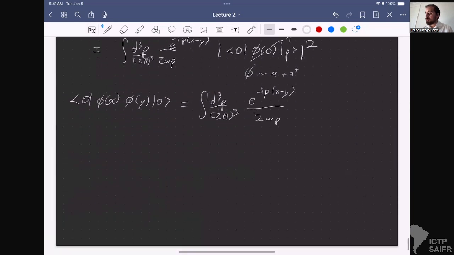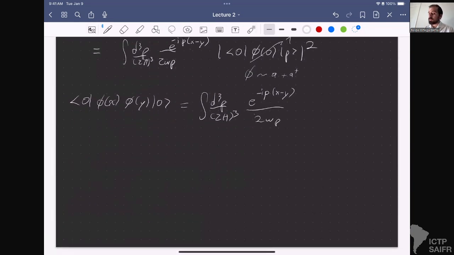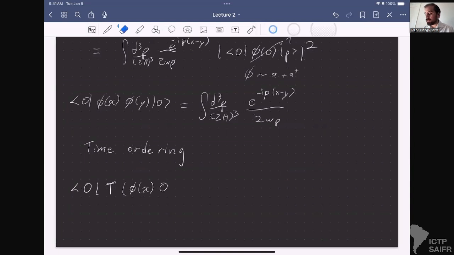Okay. And before we finish for today, I'm going to define another conventional operator of operators, if you wish, which is called time ordering. And with the time ordering operator, represented with this T, it means, or you don't even have to use it as a vacuum expectation value.